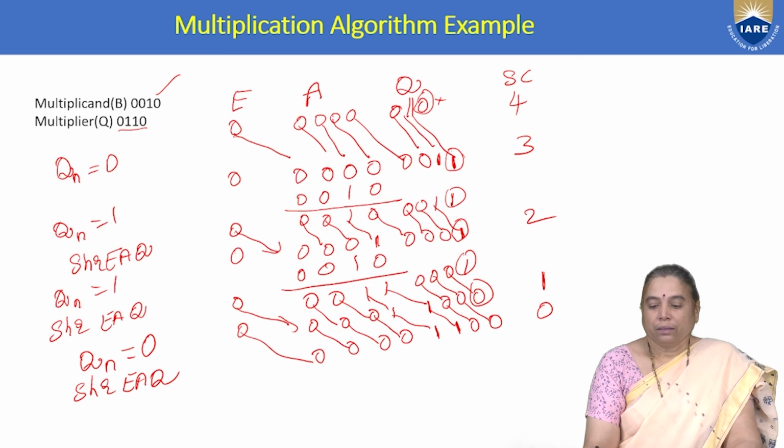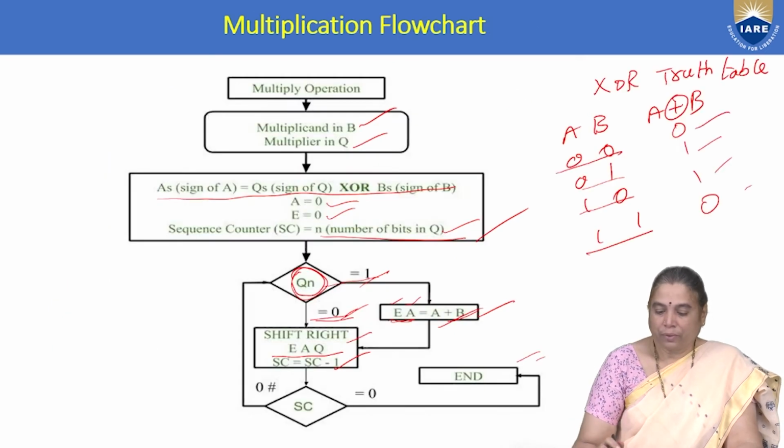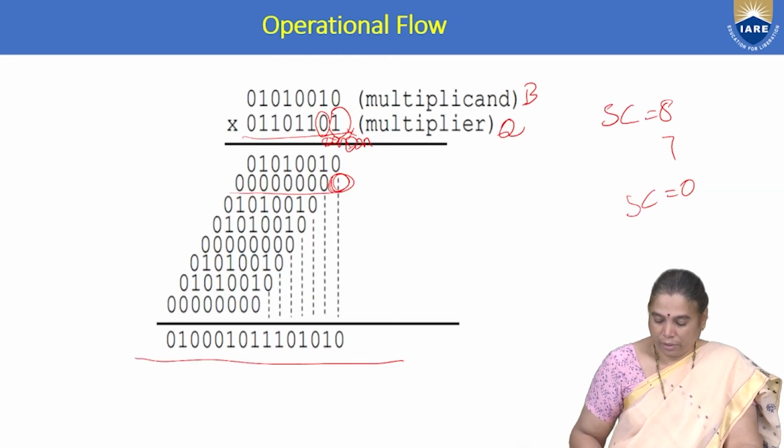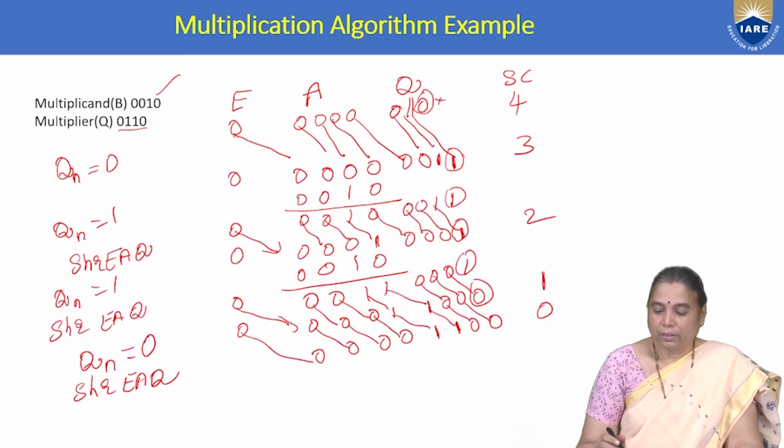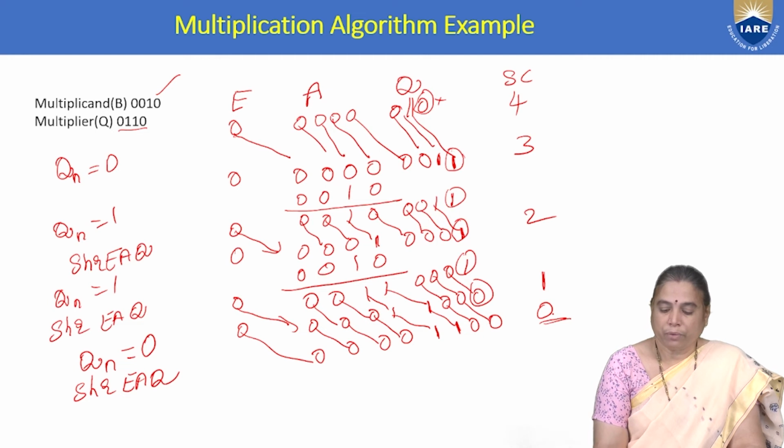So here these steps of operation can be repeated until the sequence counter value is 0. If sequence counter value is 0, end the process. Otherwise, repeat the process. So if you observe here at this stage, the sequence counter value is 0. So stop the process.